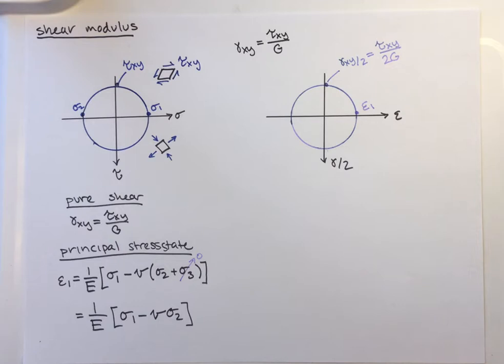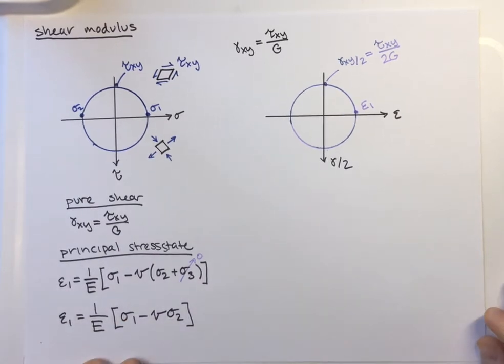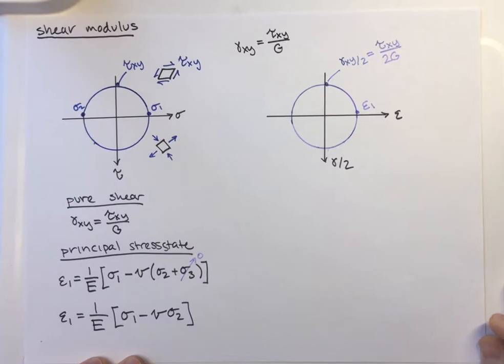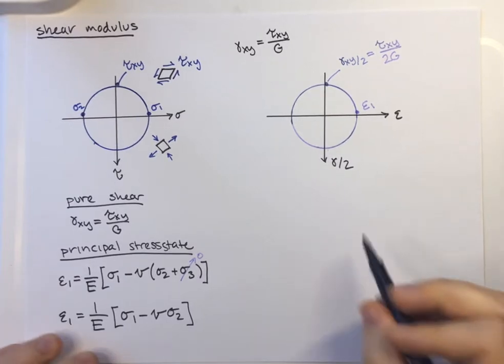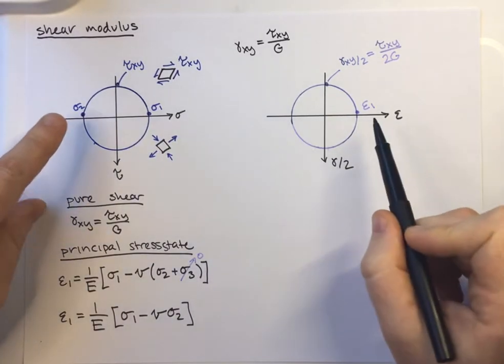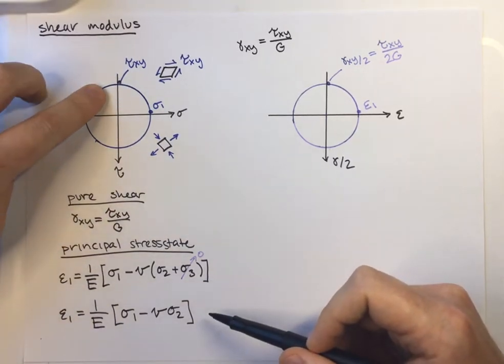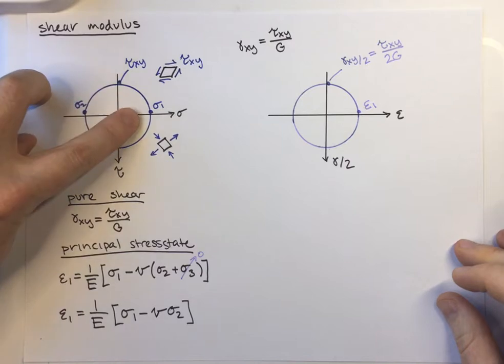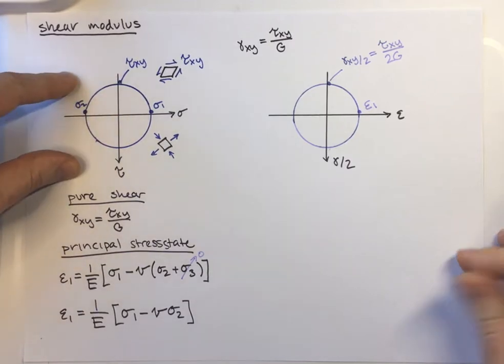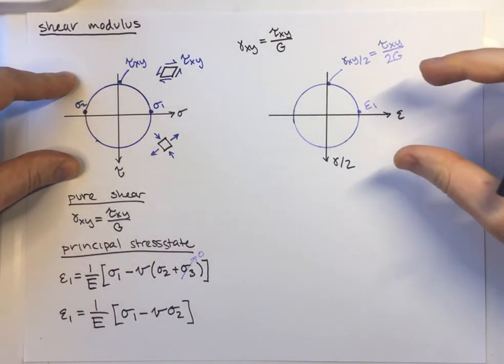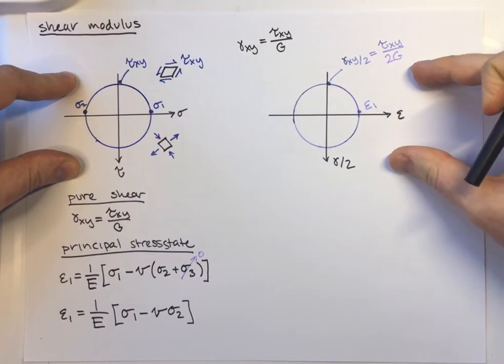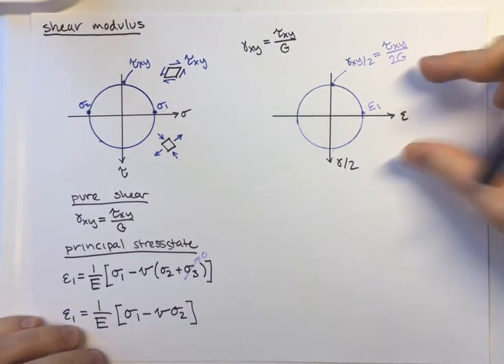Okay, so now the key is to think about a couple of different things here. We have some information about the locations and the size of this Mohr circle in stress. We have some different information about the size of this Mohr circle on the right.